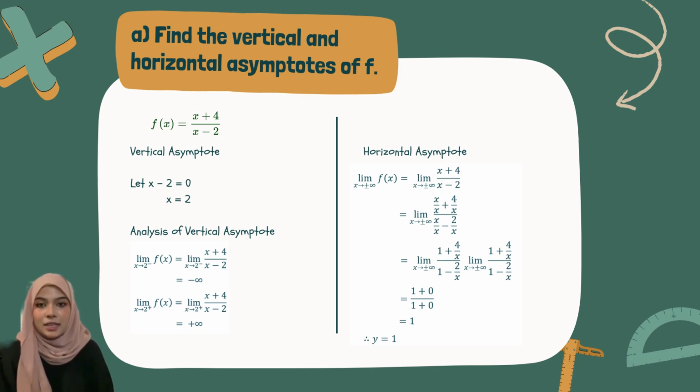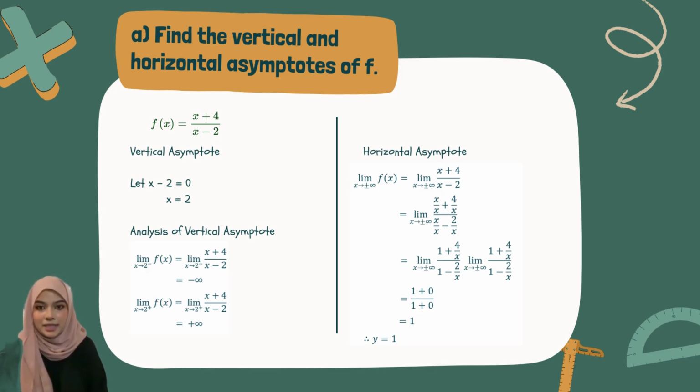For the horizontal asymptote, we need to find the limit as x approaches plus or minus infinity of x plus 4 over x minus 2. To solve this, we should recall that we have to divide by the highest power of x that occurred in the denominator. In this case, we will divide by x. So each term in the numerator and also the denominator has to be divided by x.